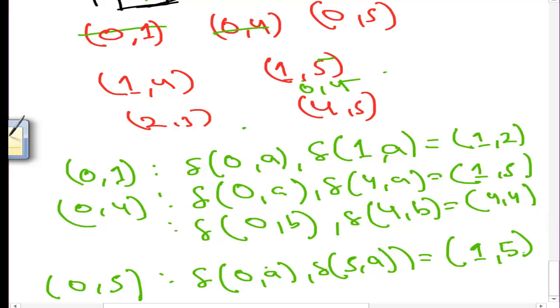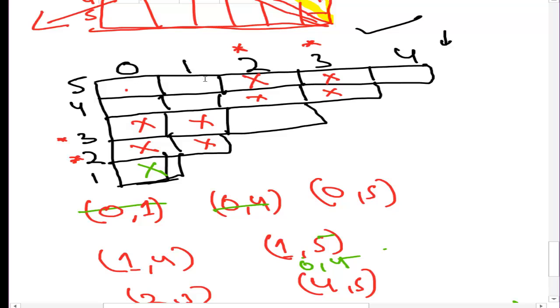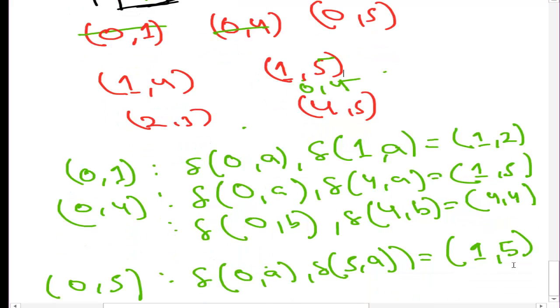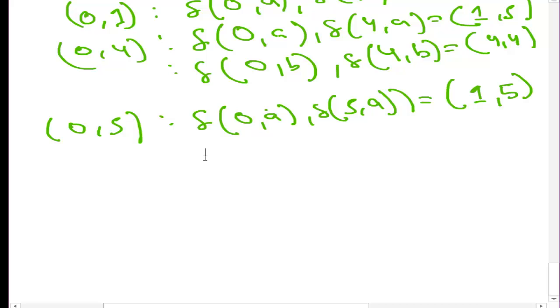Now what about 1 5? If 1 5 is already distinguishable, then I can say 0 5 is distinguishable. Let me see 1 5 by induction. In fact, it is again the same story, because we have not worked on 1 5 yet, so it is again going to the 1 5. So I will try to see the B state.